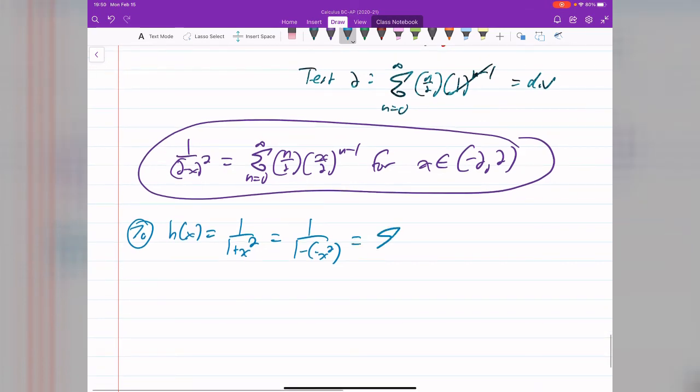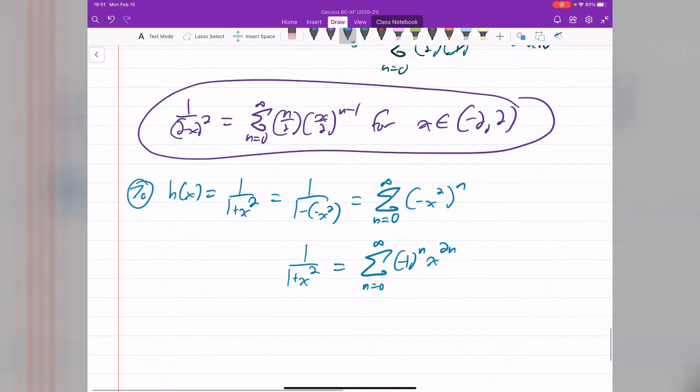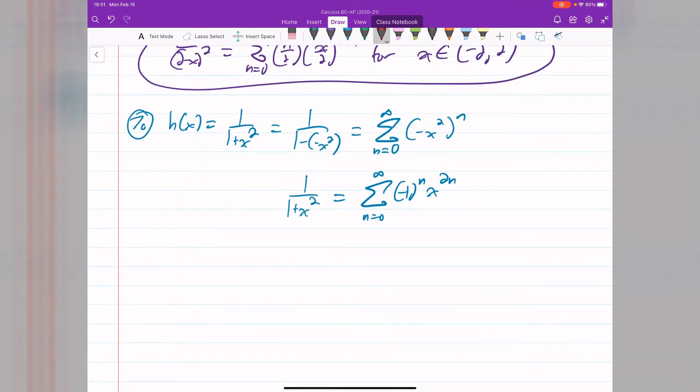I know that that's going to be equal to the sum from n equals 0 to infinity of a negative x squared to the nth power. And if I pull out the -1 to the n, I'm going to get a -1 to the n x to the 2n. So what I'm establishing is that this is equal to 1 over 1 plus x squared. And we'll hang on for the interval and radius of convergence of that one for a second.